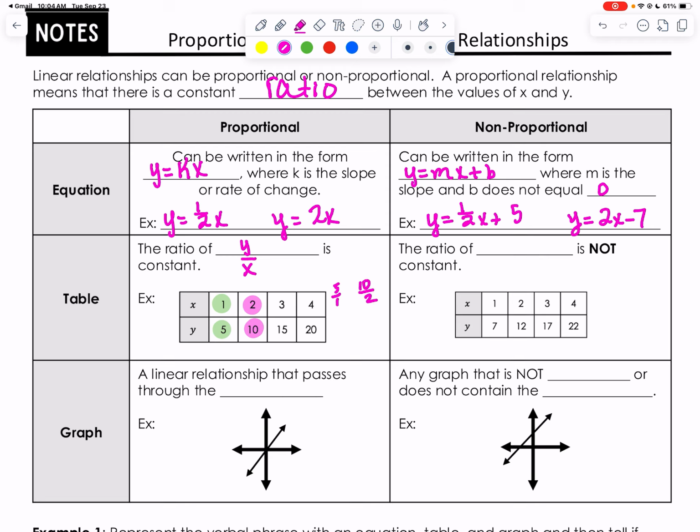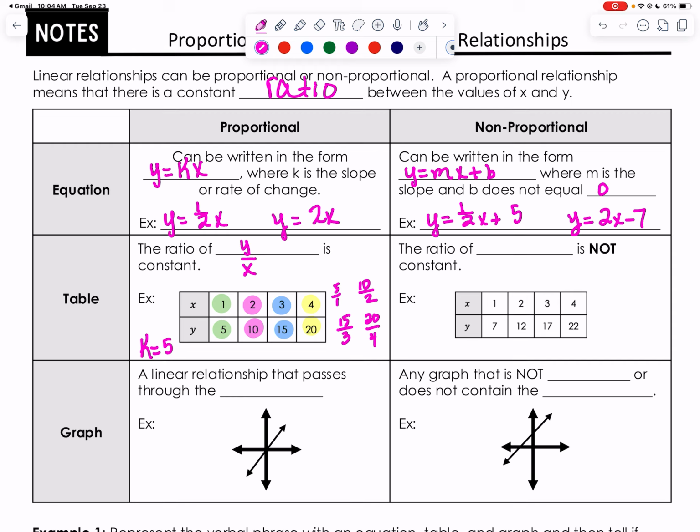The ratio of 15 to 3 is also 5. And the ratio of 20 to 4 is also 5. So you have a constant ratio. The value of k would be 5. Constant ratio means the relationship is proportional.